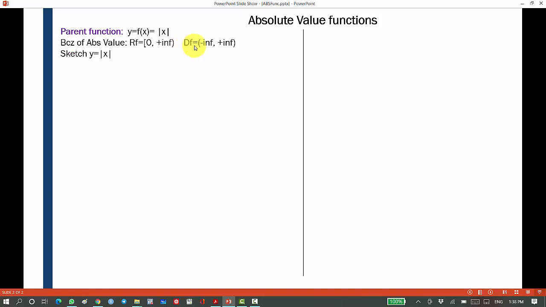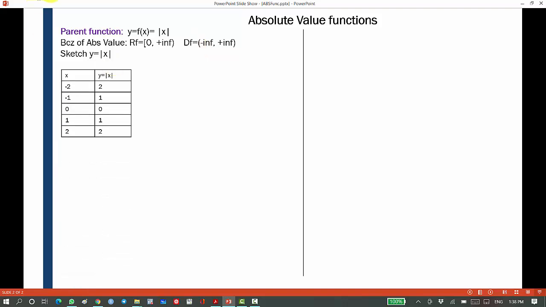Let's start our exploration of absolute value functions by sketching the graph of the parent function y is equal to the absolute value of x, giving some values to x, and finding the corresponding y values. X minus 2, y 2; x minus 1, y 1; x 0, y 0; x 1, y 1; x 2, y 2.